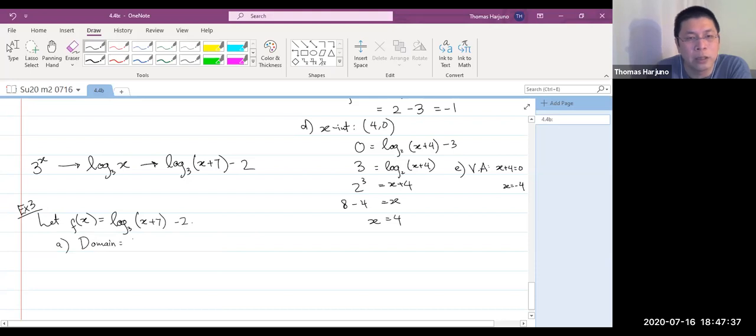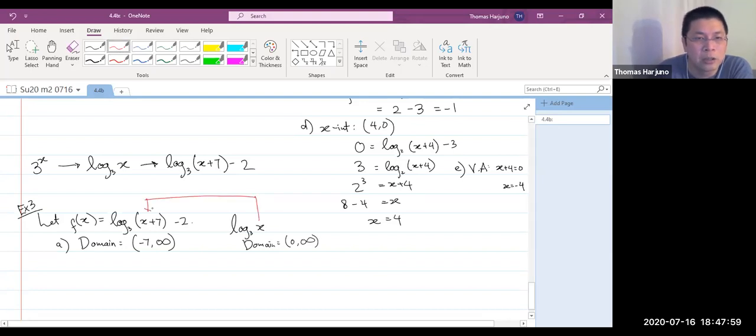The domain is from -7 to infinity, not including -7. Because remember, the domain of log base 3 of x is from 0 to infinity, not including 0. And from this graph to this one, you move 7 units to the left.